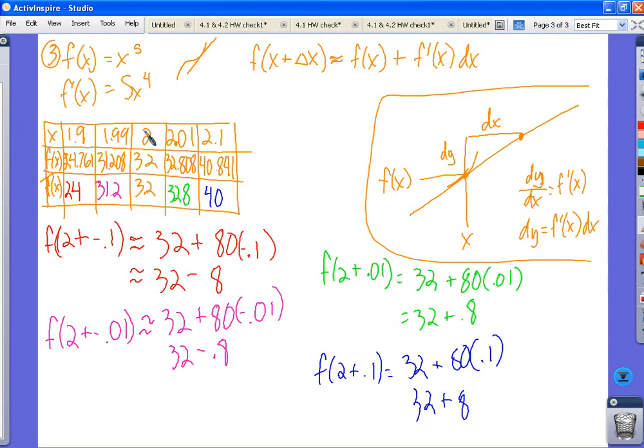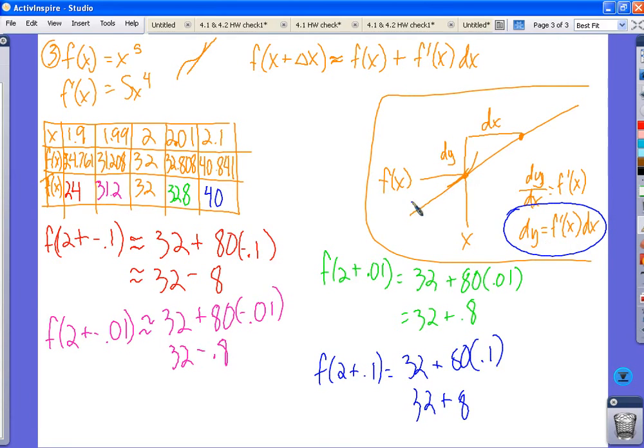Now, let's take a look at this guy right here. This is our approximation of how much y has changed. It's not actually how much y has changed on the original function, but it's an approximation. It's close.